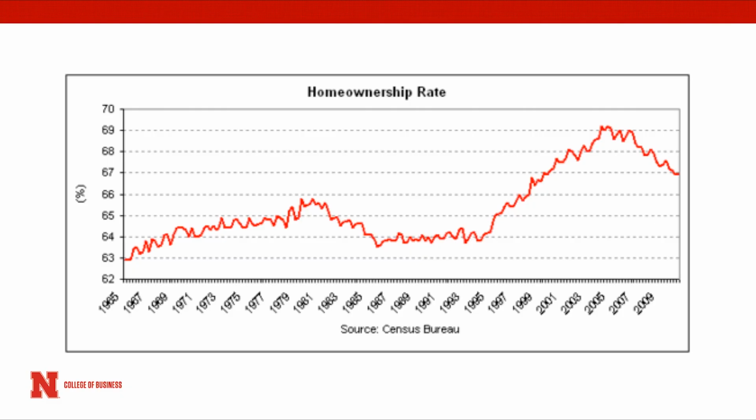So here, if we go back to 1965, we can see that actually home ownership rates peaked in the early 80s and then declined until about 1995, then increased again dramatically.